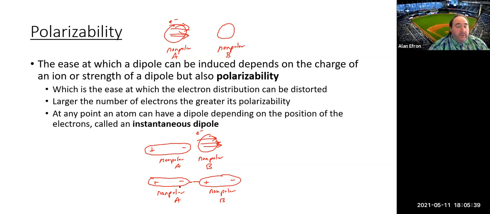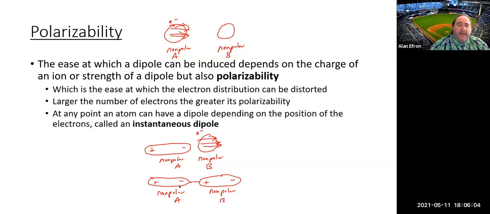Typically, the larger the number of electrons, the greater the polarizability. Why would that be? More electrons means further away from the nucleus, and also a lot more electrons moving around and a lot more places for this to occur. So polarizability occurs more easily.